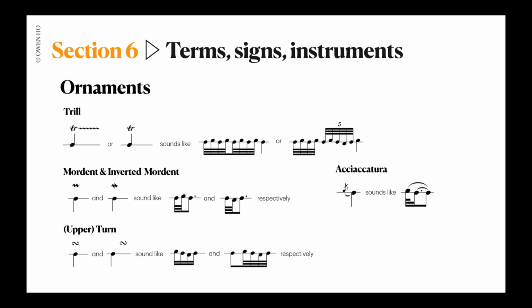And then we have the last ornament, which is called the appoggiatura, which looks quite alike the acciaccatura, except that it doesn't have the little line through the tail of the note. And in this case, when you see an appoggiatura, we'll have to play the small note as written, so in this case we'll have to play the quaver beat first, before we play the main note, which from a crotchet now becomes a quaver, because the quaver appoggiatura has eaten up the total time available in this crotchet beat.